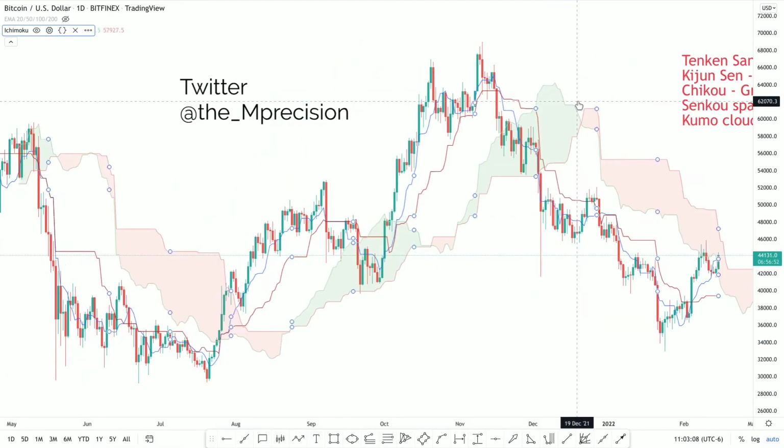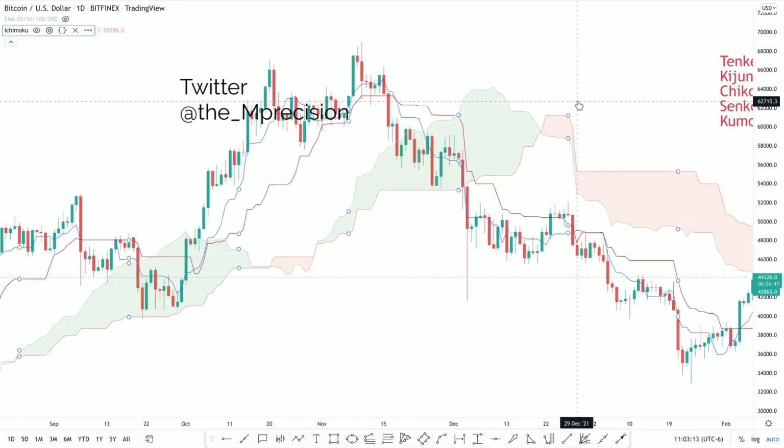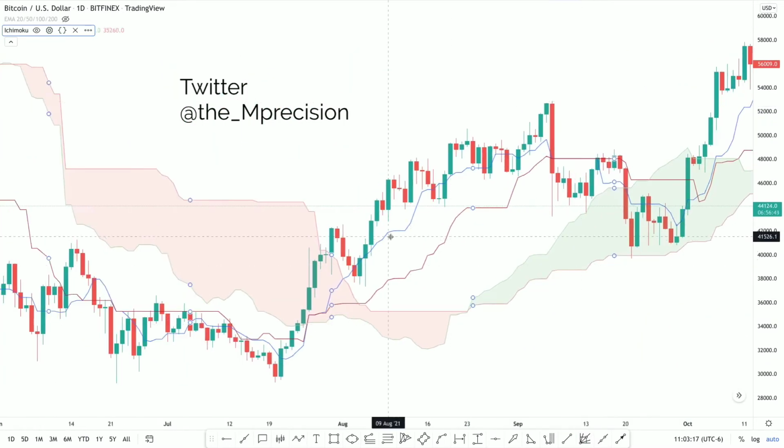So what do the rules of Ichimoku Cloud say? Pretty simple. In its entirety, this blue line and red line are of no use to us. However, what they say is, when the fast moving average, blue, crosses the slow moving average, Kijun, the red line, and goes up, you go long.